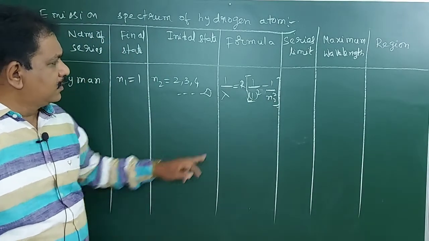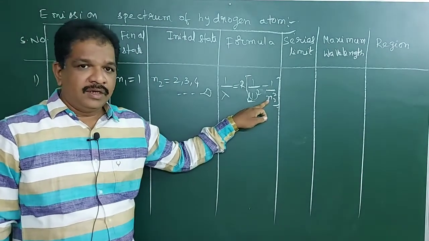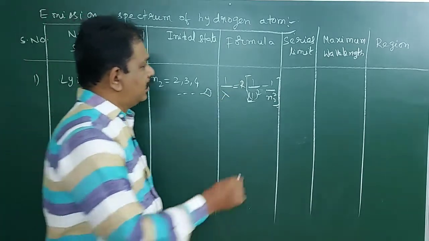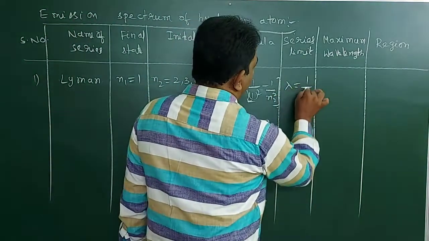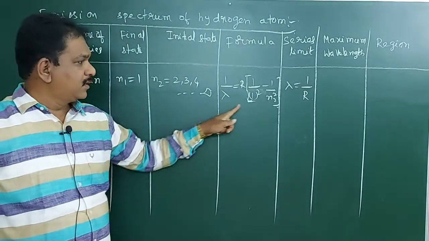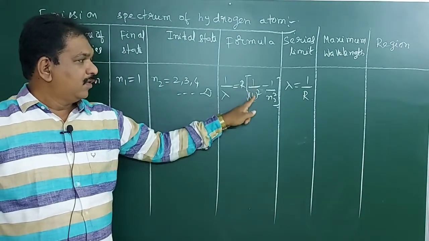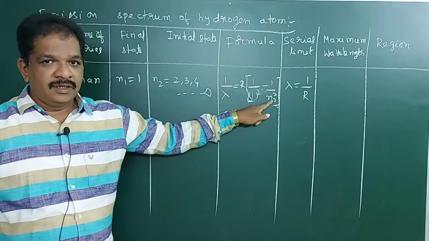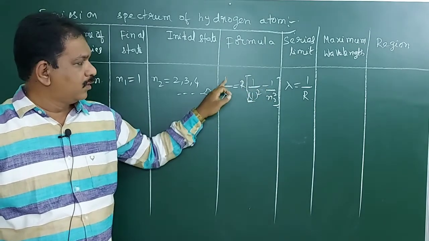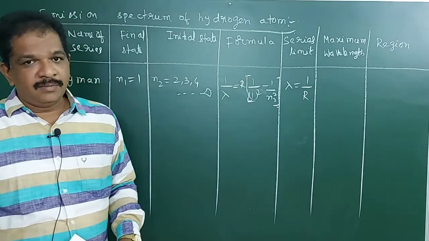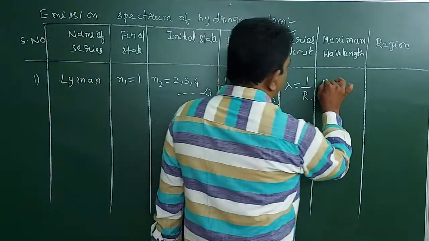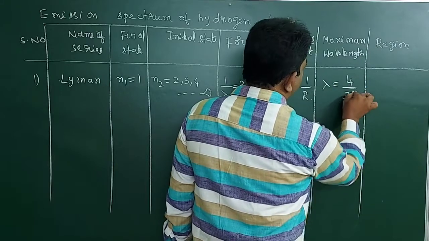Series limit means here you take n2 as infinity. 1 by lambda is equal to R, so lambda is 1 by R. Maximum wavelength means here you take 2. 1 minus 1 by 4 means 3 by 4. So 1 by lambda is 3R by 4, which means lambda is equal to 4 by 3R.